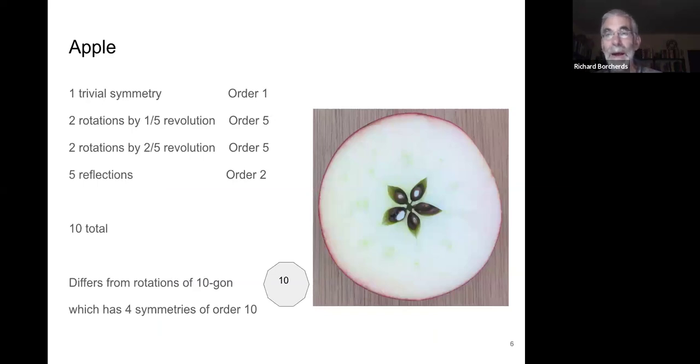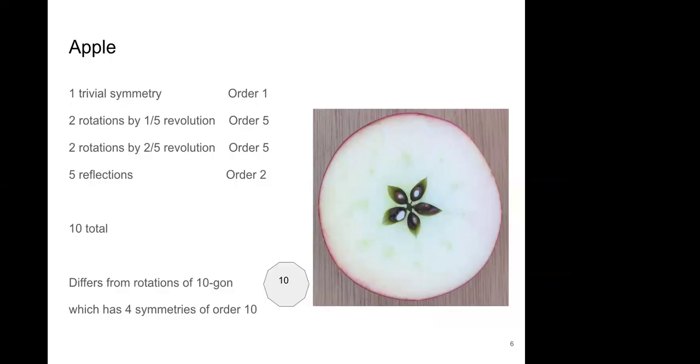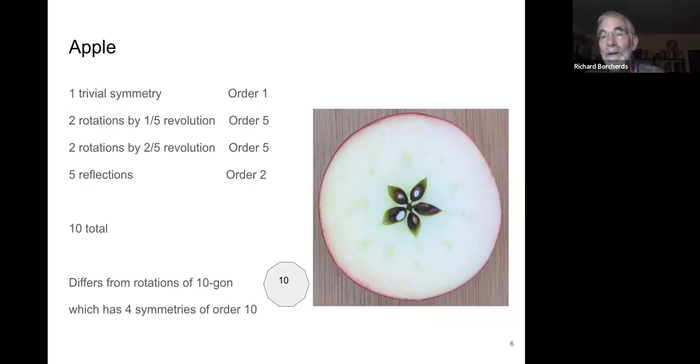Okay, so how about an apple? How many symmetries does an apple have? Well, you might think it's got infinitely many because you can just rotate it. But if you cut an apple in half, you will find that the seeds are arranged in a nice pentagonal pattern.